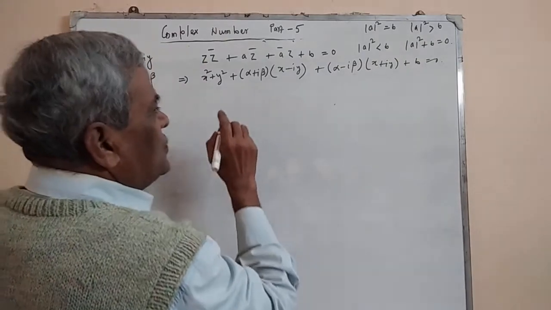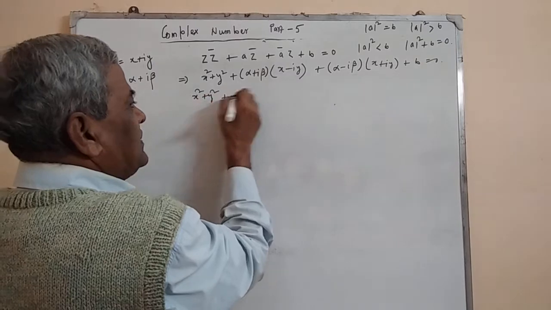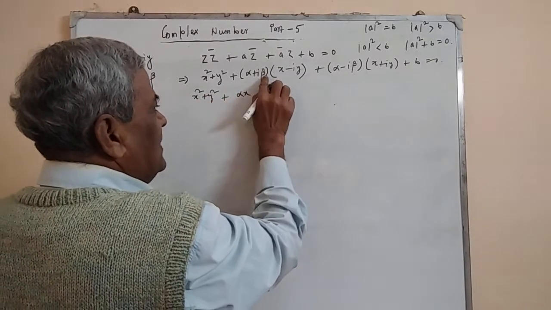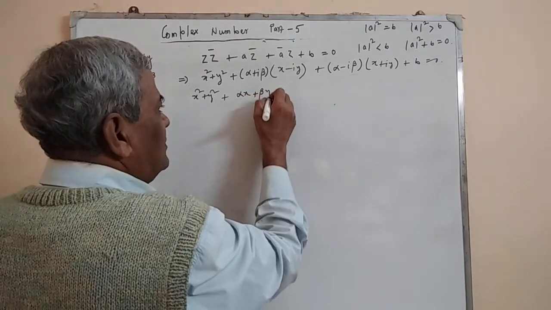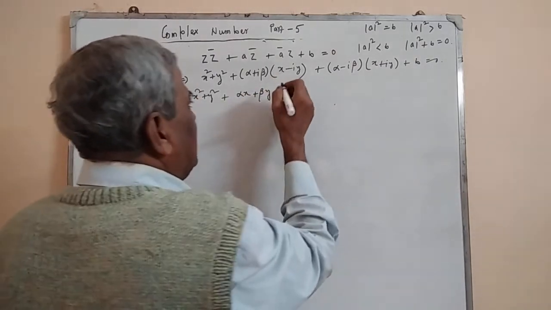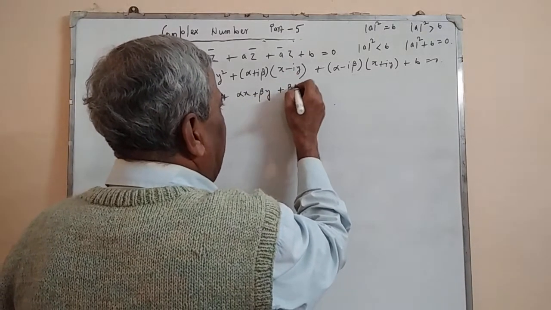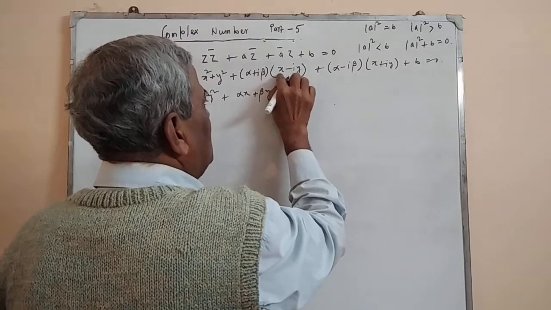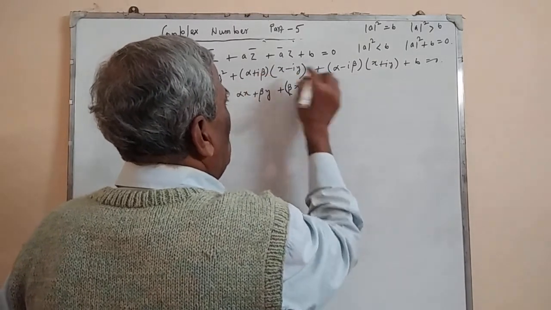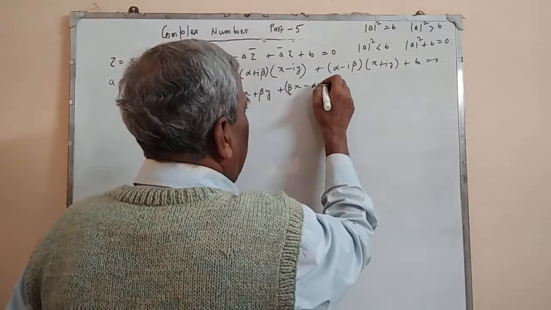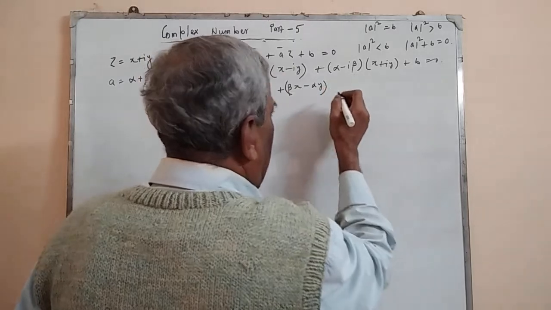Simplifying, it is x square plus y square plus alpha x plus beta y. The imaginary part is plus beta x into i minus alpha y into i.